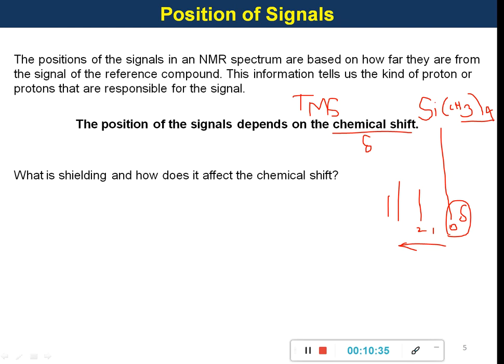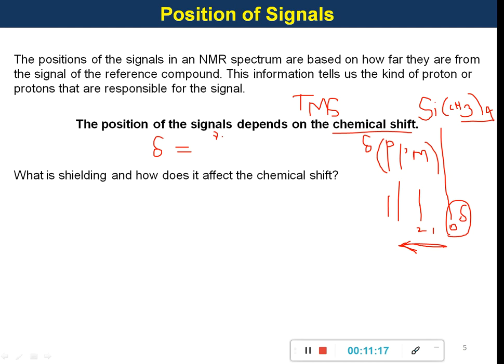The TMS or the reference compound is observed at 0 delta on the very right of the spectrum, and as it moves towards the left, the ppm values become larger. ppm stands for parts per million, and it is the unit used to measure the chemical shift. The proton chemical shifts range from 0 to 15 ppm. The chemical shift is identical for a specific proton regardless of the spectrometer used.